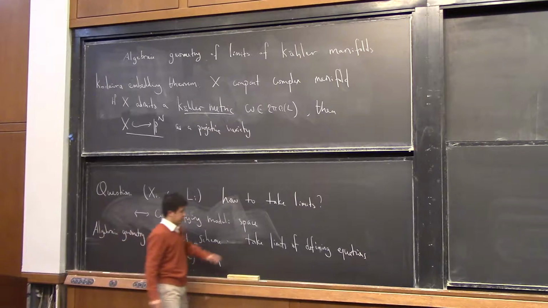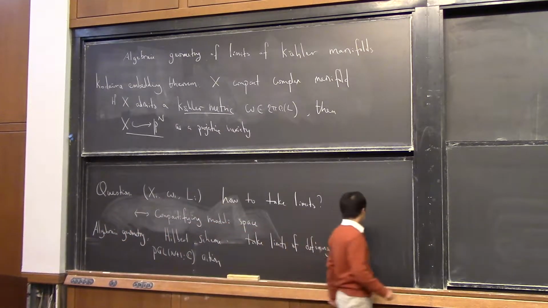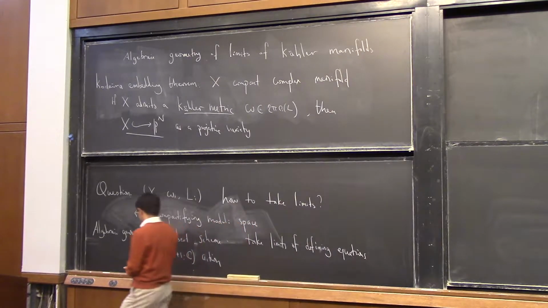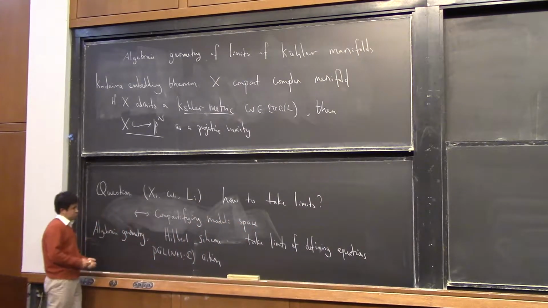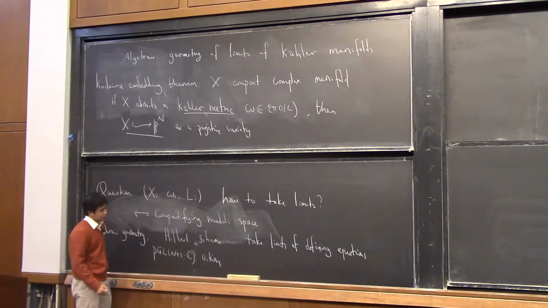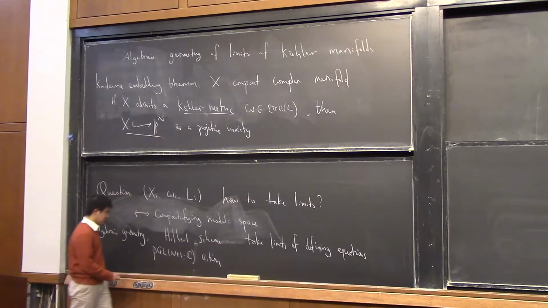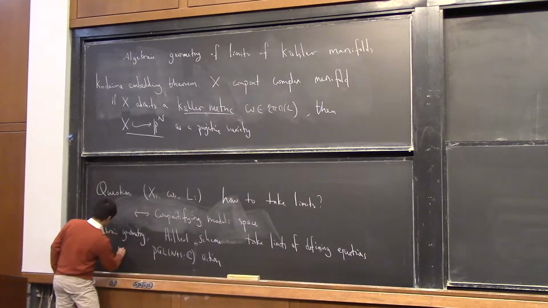So we cannot fix, for each Xi, a unique set of defining equations. We have to allow all these actions. But then we will see immediately we have problems because this group is non-compact.